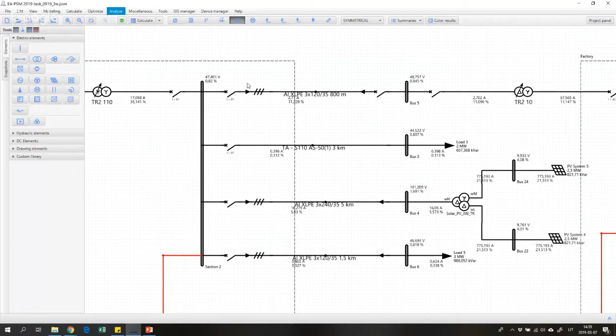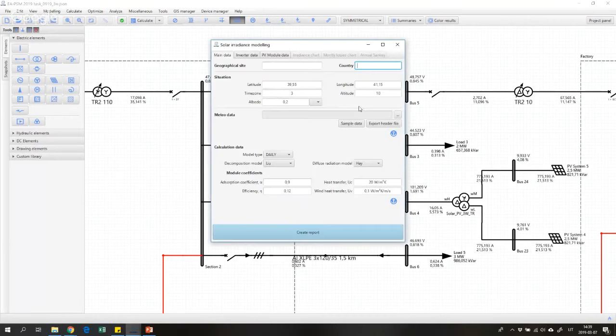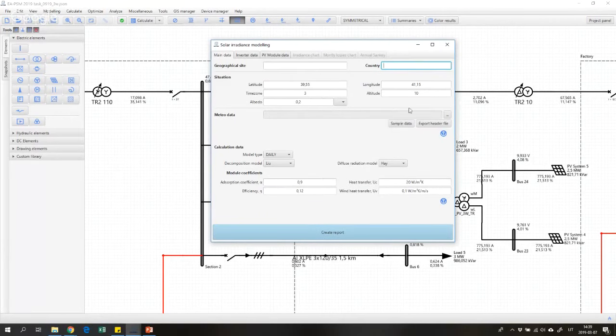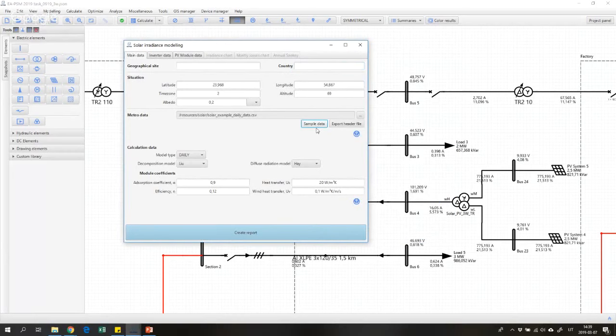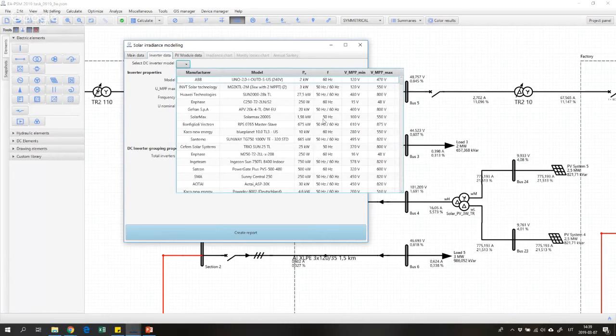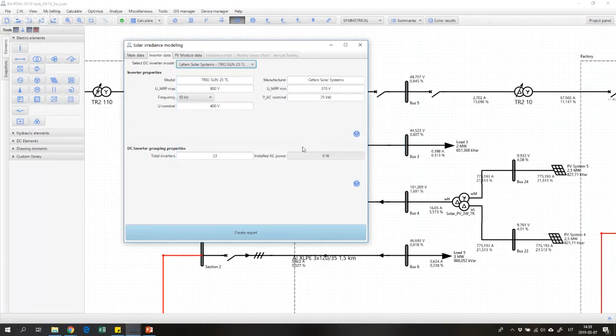If we're talking about solar irradiation features, we have solar irradiation modeling, which allows us to calculate solar power plant generation. We can import data of solar power plants. We can specify what inverters are used. For example, I have 23 inverters, 25 kilowatts each.